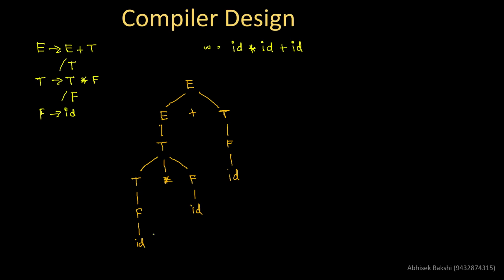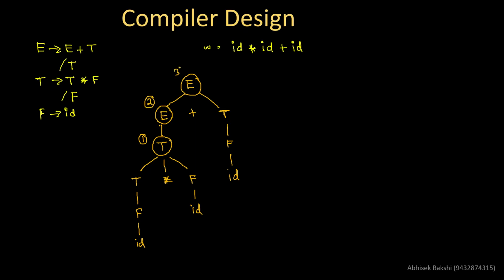Now you see, if you want to parse this, definitely this T will be calculated first. That means then this E will be calculated. Then using these two, this E will be calculated. So that means this is 1, then 2, then 3.